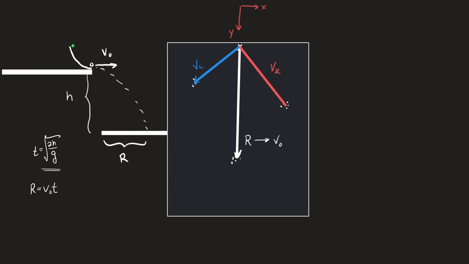But it does have momentum in the y direction. So, take and figure out how much of the velocity is in the y direction for the right ball, and how much of the velocity was in the y direction for the left ball.